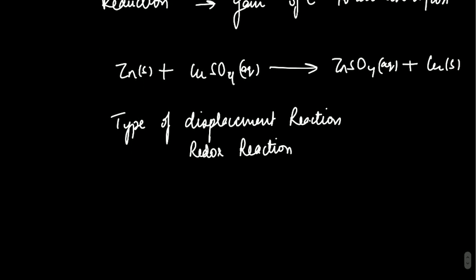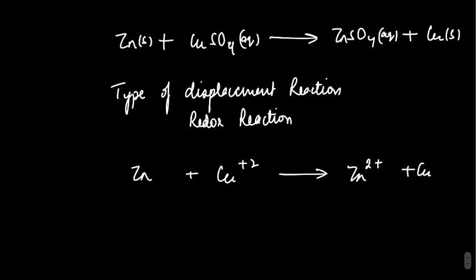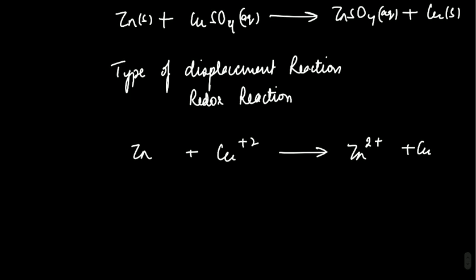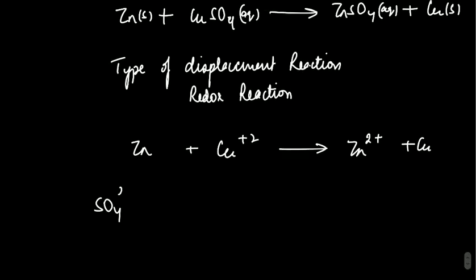Now if I write this equation like this, zinc reacting with copper ion changing into Zn2+ ion and copper. So this is the ionic equation over here. I have removed the sulfate radical. Sulfate is something called a spectator ion.